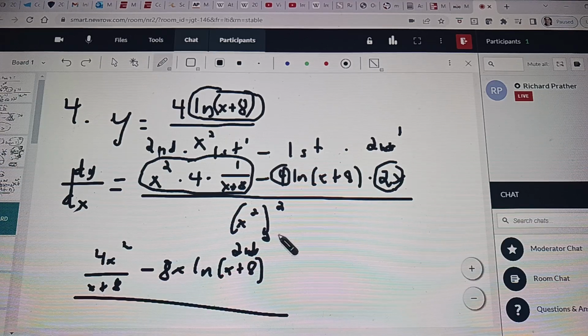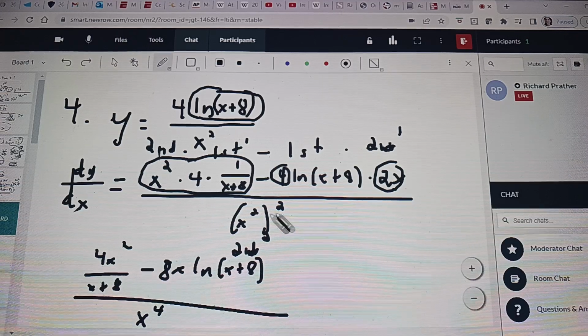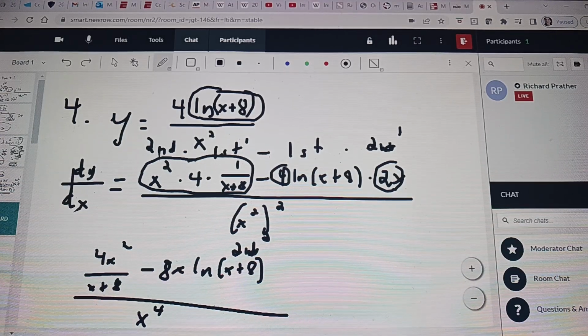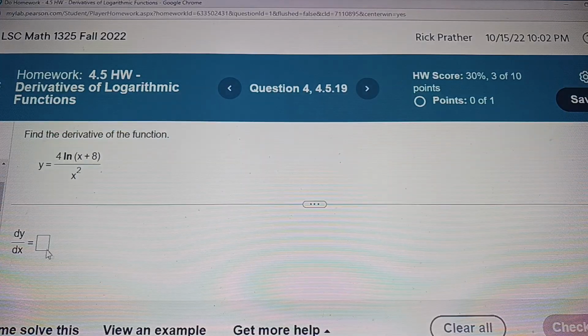And then the denominator is x to the 4th power because that's where you multiply exponents. X squared squared is when you multiply 2 times 2, although if you accidentally added it, you would seemingly get the same thing. Now, usually they don't like fractions inside of fractions, so having this fraction right here could be an issue. I guess we should try it and see, but I'm guessing they're going to count this one wrong.